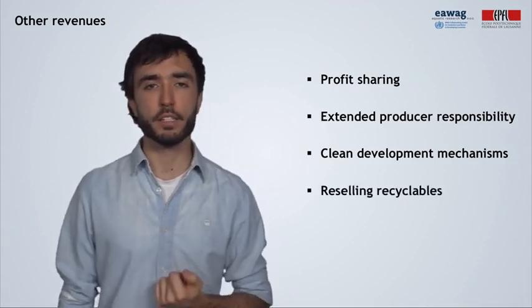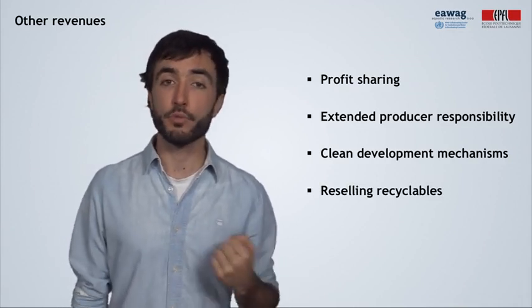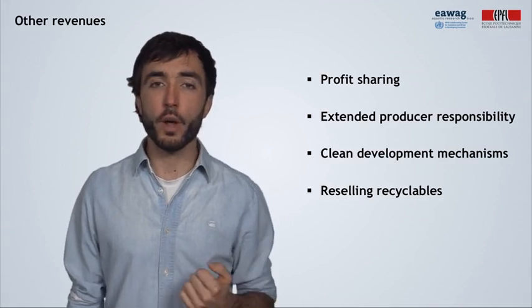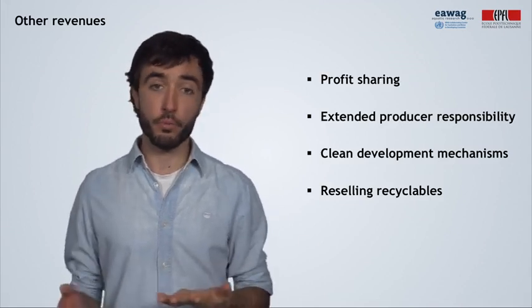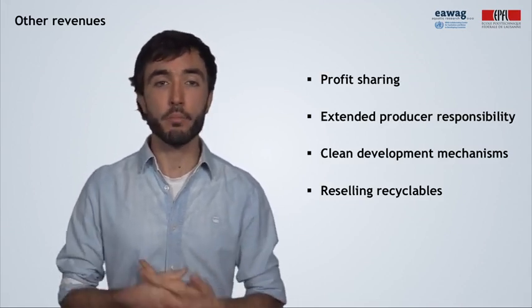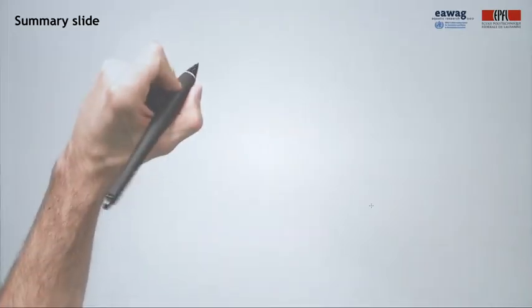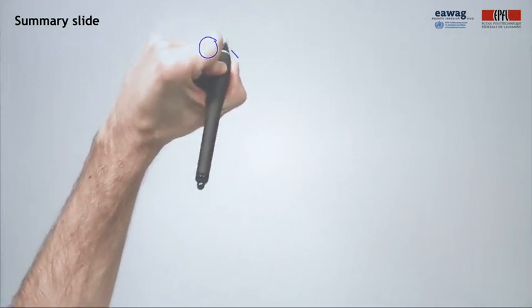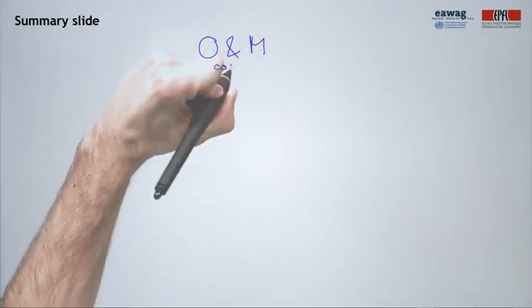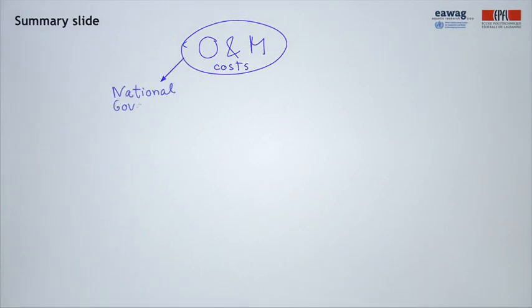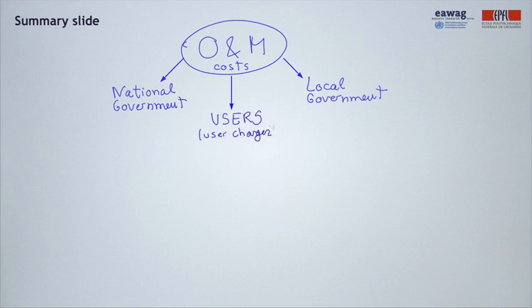In most cases, resource recovery activities represent net costs to the municipalities. However, when led to the informal sector or the private sector sometimes, they could make profit while saving costs to the municipality. In this module, we learned the main financial sources to cover the operational and maintenance cost of solid waste services. These are national government, local government through taxes and fees, and the users, who are charged user charges.